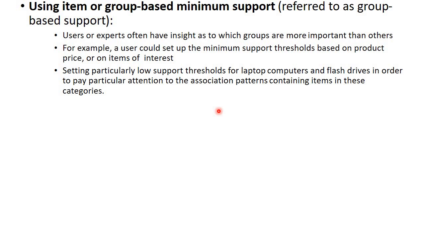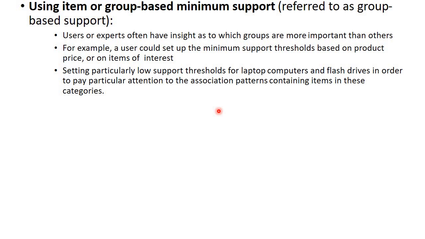Now going to the third technique, it says using item or group based minimum support. This is something like customizing the minimum support based on the type of items or some group of items, how frequently they are sold, or maybe on the items of interest.